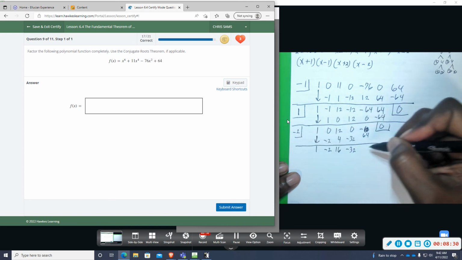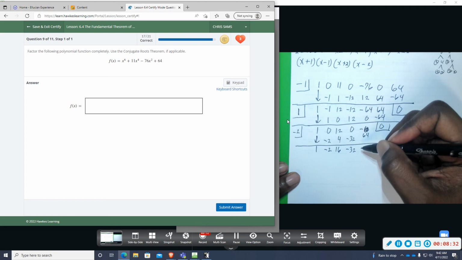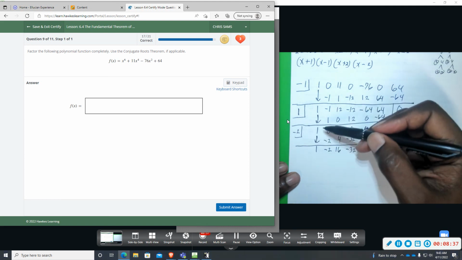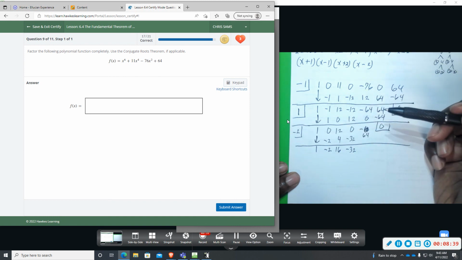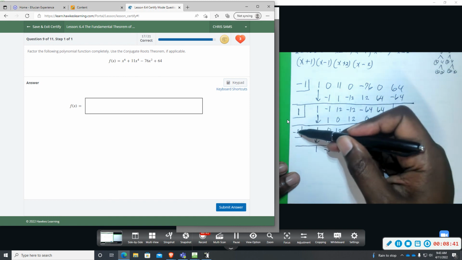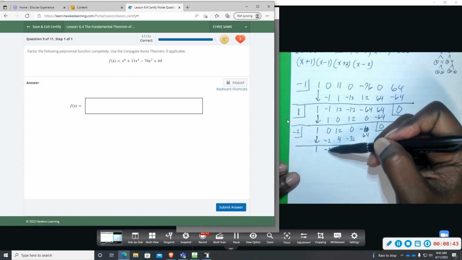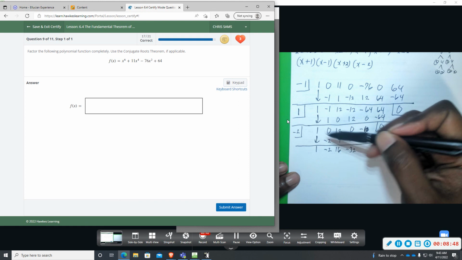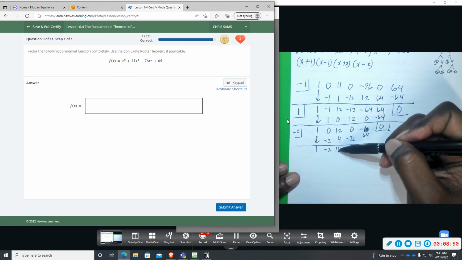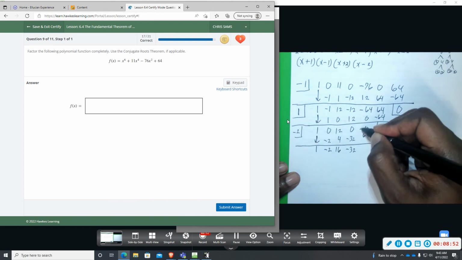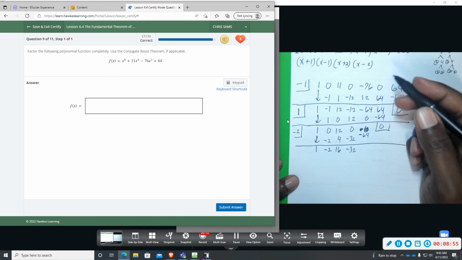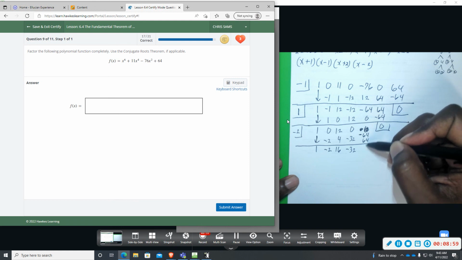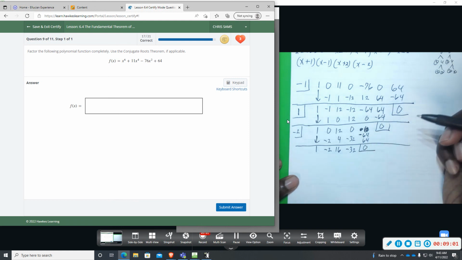Let me make sure we haven't made some mistake. It's looking like it's not going to come out. Negative 2 times negative 32 is positive 64. Yeah, that's a negative, I'm sorry. That's why I'm missing my negatives there. So negative 2 times negative 32 is a positive 64. That gives us 0. All right, so that's what we expected.